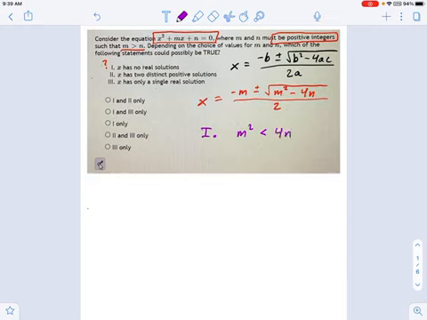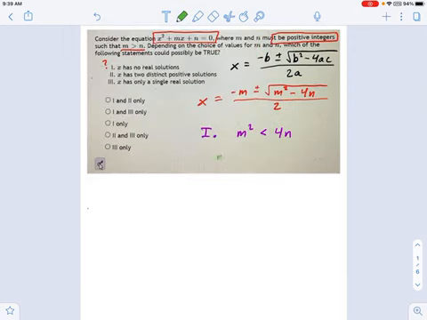Well, is that possible? If you think about m and n, they're positive integers, and m is greater than n. So what sort of positive integers have m greater than n? Well, the smallest positive integer would be 1. Okay? So I'm going to do a bunch of conditions here.